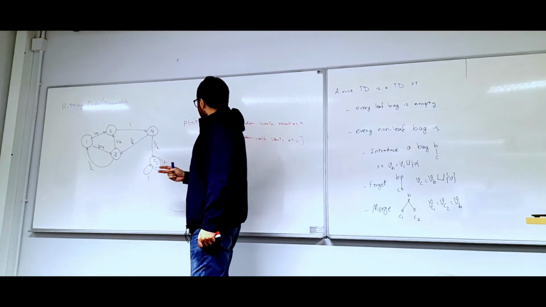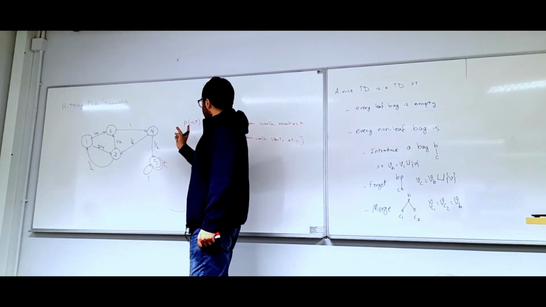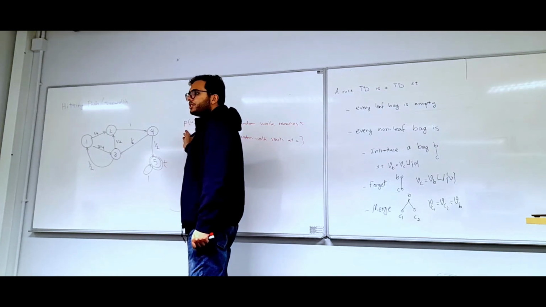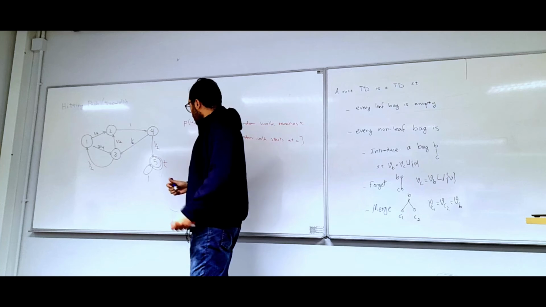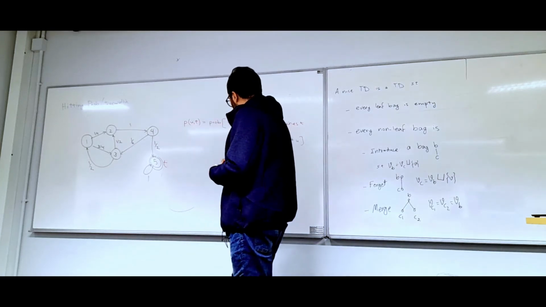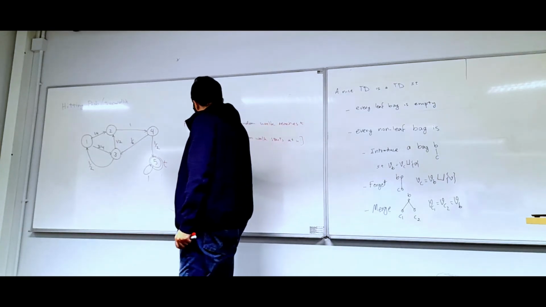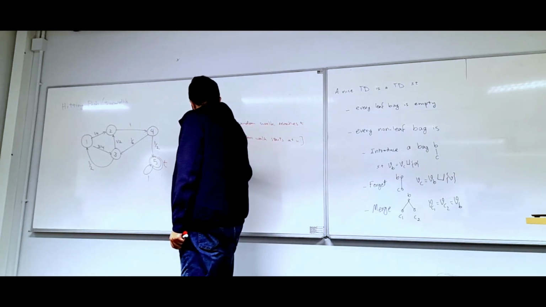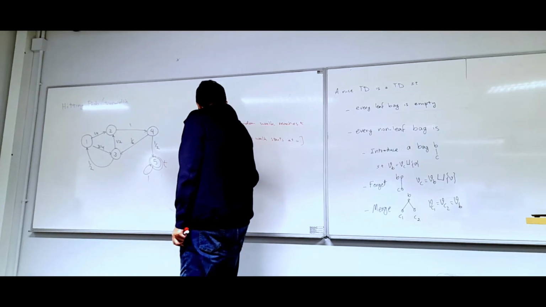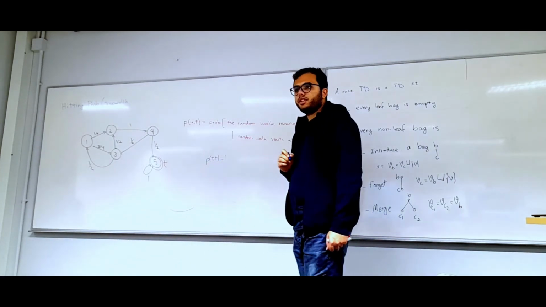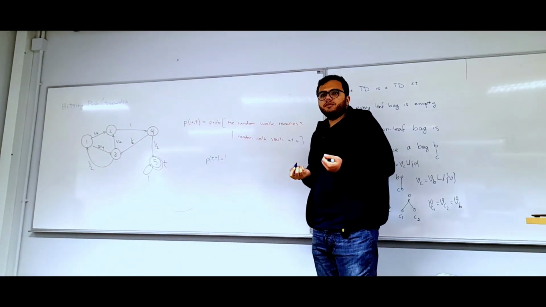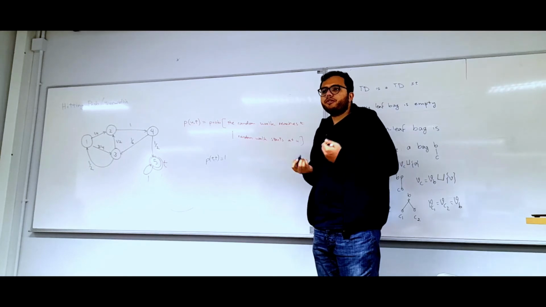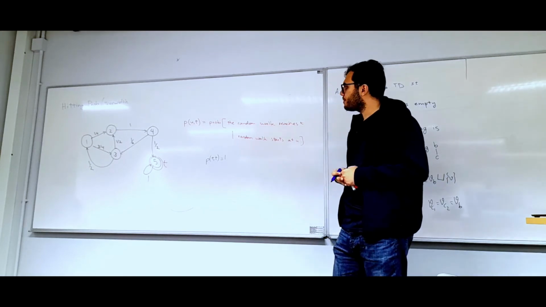So let's see if I can write some, let's say, equations for this. So first of all, I know that P of t,t is 1. Right? That's very obvious. If I'm already at the target, I have, of course, reached the target.